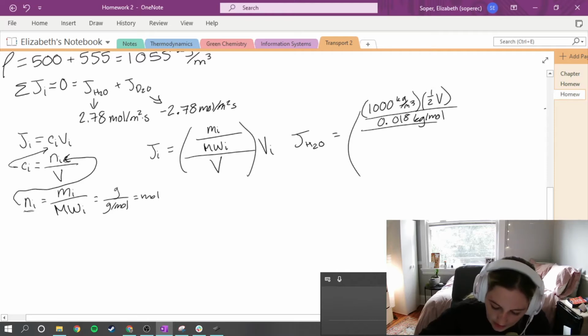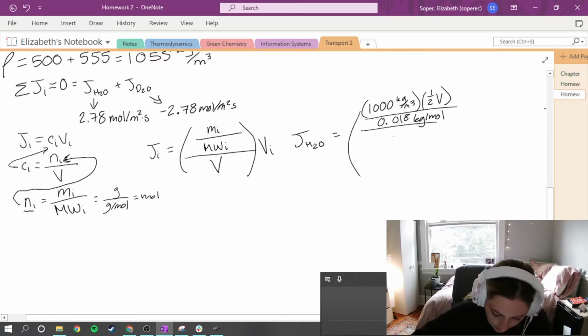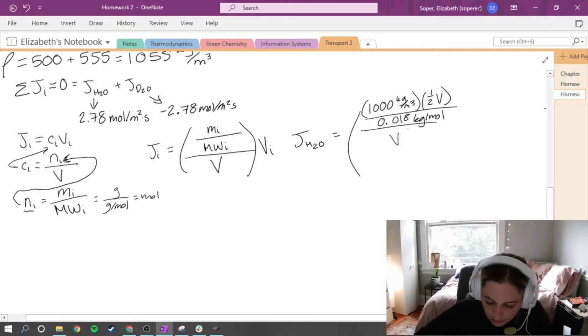We have the 1,000 kilograms per meter cubed, which is the density of water, times half of the volume, which equals the mass of the water, divided by the molecular weight of the water, 0.018 kilograms per mole. Then that is divided by the total volume, and then times the velocity of H2O.